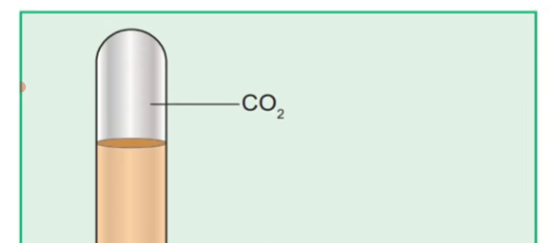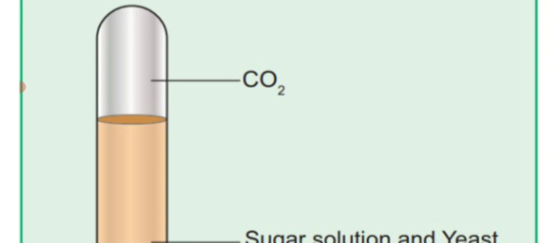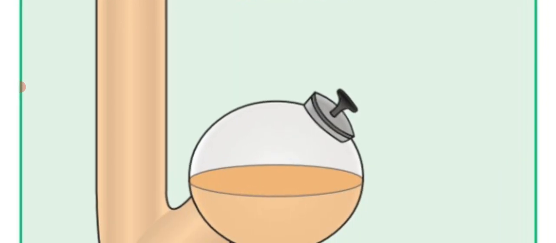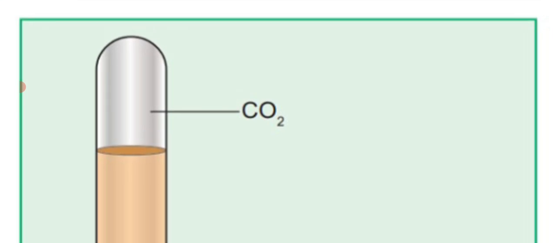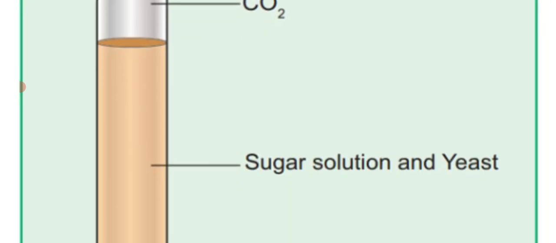After the reaction takes place, an alcoholic smell and carbon dioxide gas are produced, which causes downward displacement of the sugar solution and creates a vacuum at the top of the glass tube. Now we have to open the lid and add KOH crystals. KOH is an absorber of carbon dioxide, so it absorbs all the carbon dioxide gas produced in this reaction. Once again, the sugar solution comes to its original position, which indicates that anaerobic respiration is proved by Kuhne's fermentation experiment.